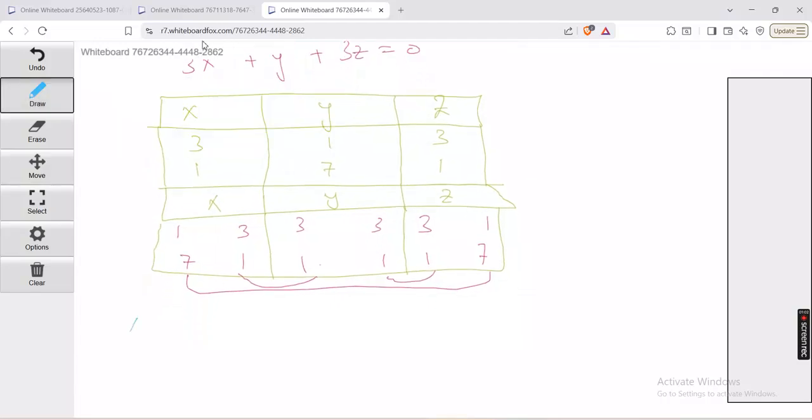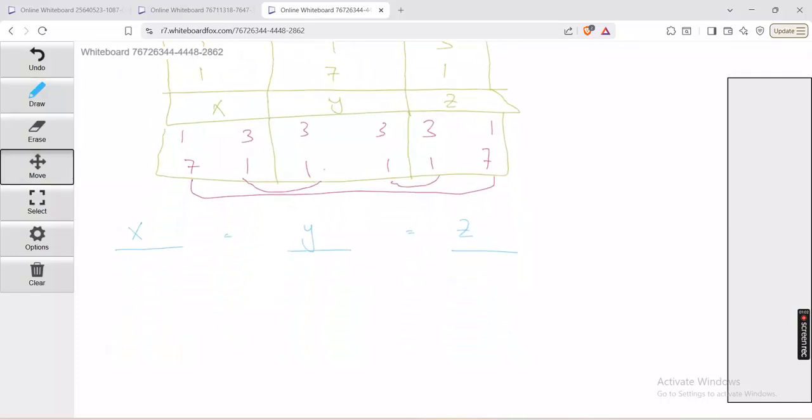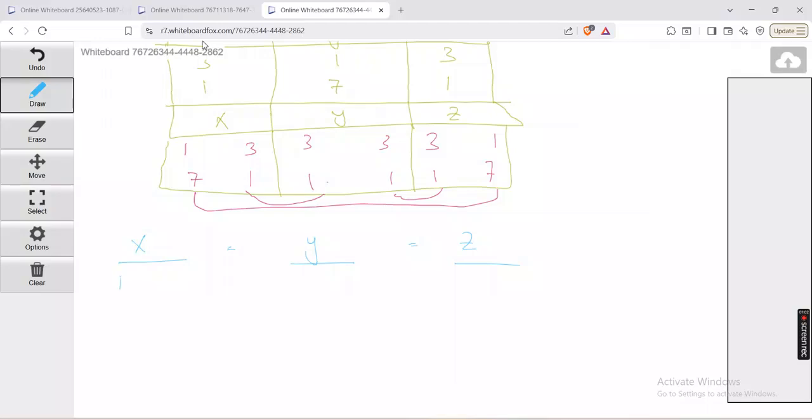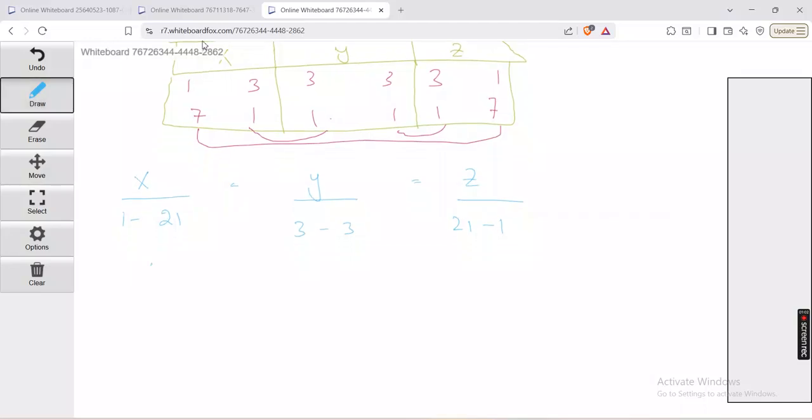Now the next step, x, y, z. 1 into 1, 1 minus 21, 3 minus 3, 21 minus 1. So x over minus 20, y 0, z 20.